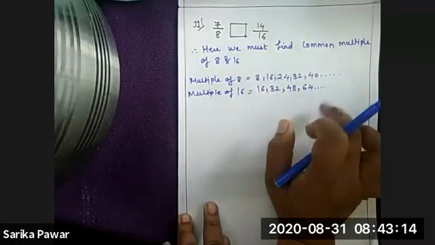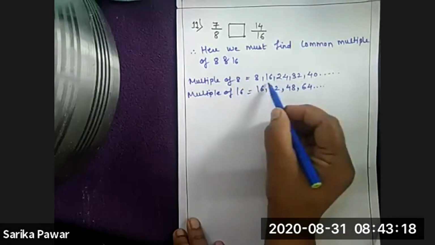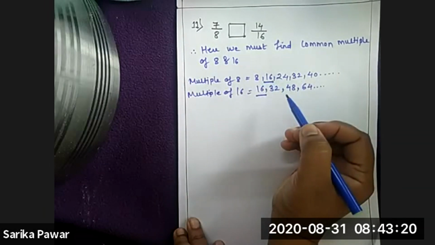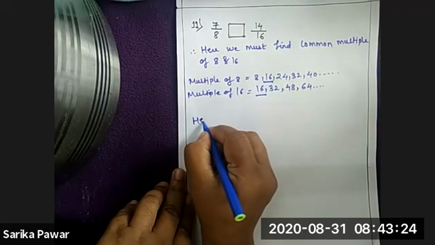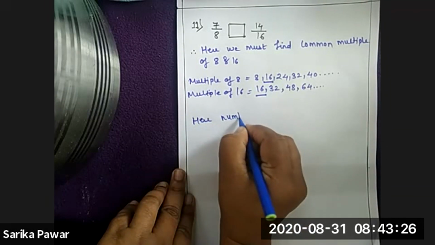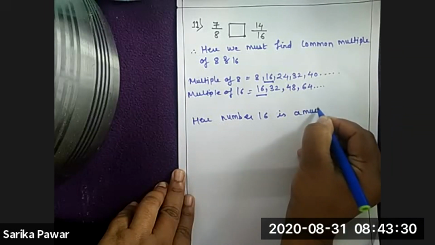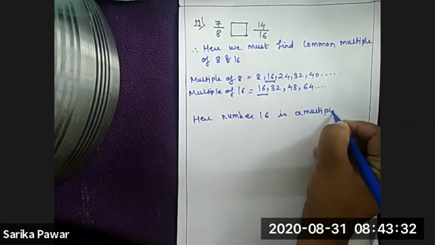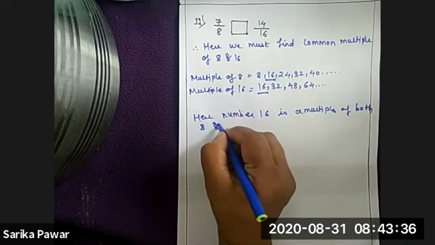Now see here. We have to find a common multiple. So find the common multiple of 8 and 16.